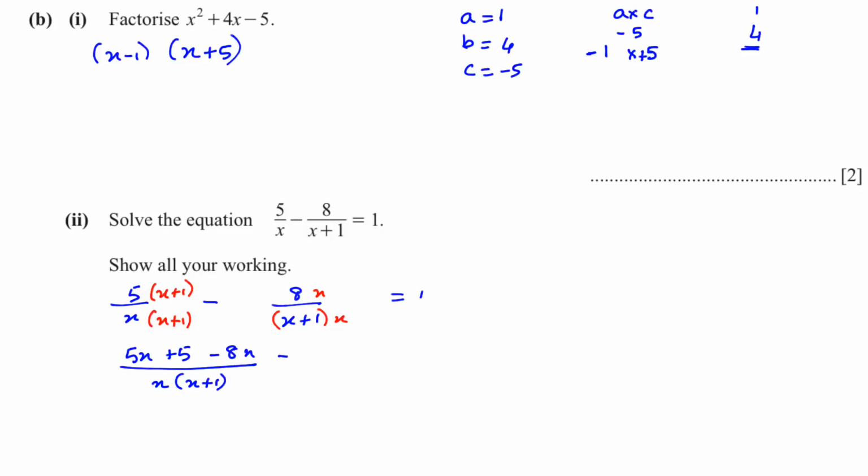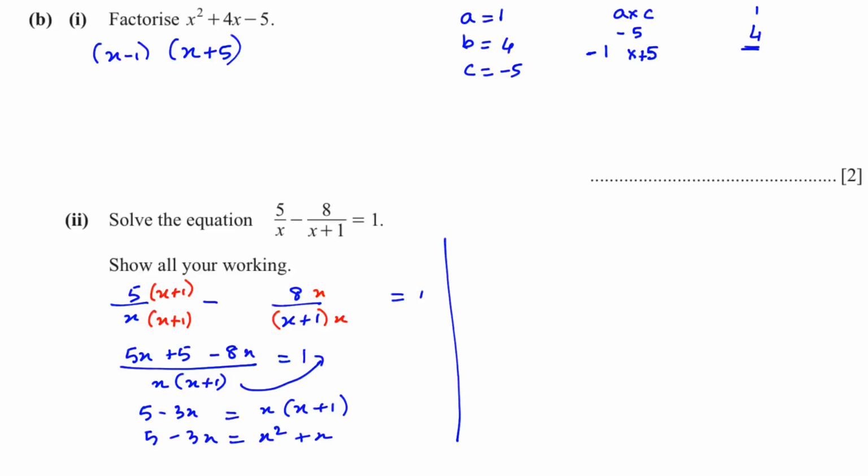X plus 1 is equal to 1. When you simplify this, we will get 5 minus 3x. This equation bring here, so 1 multiplied by x and x plus 1 will be the same. Expand the bracket, we'll get x squared plus x.